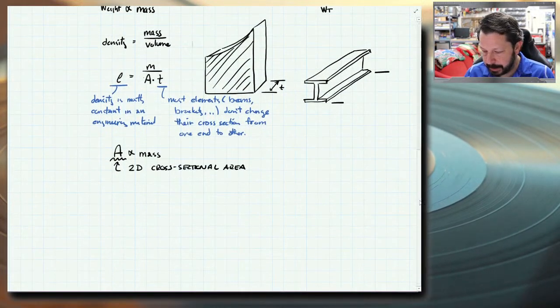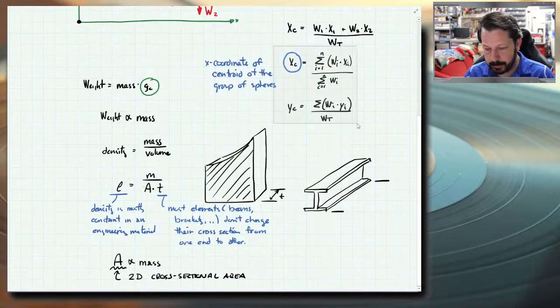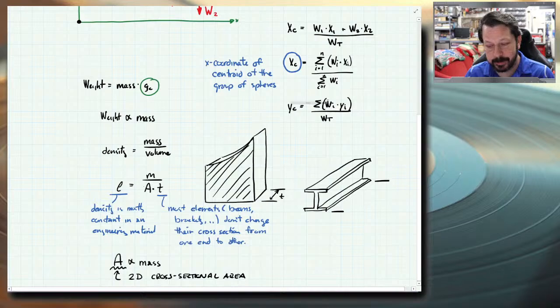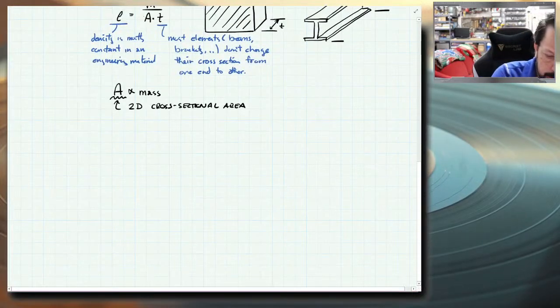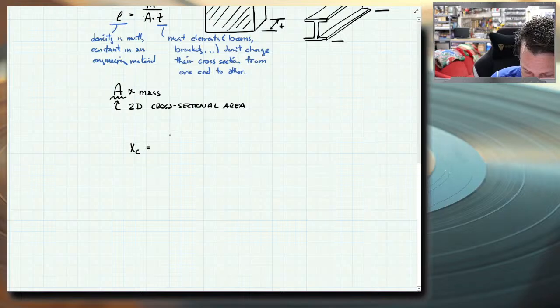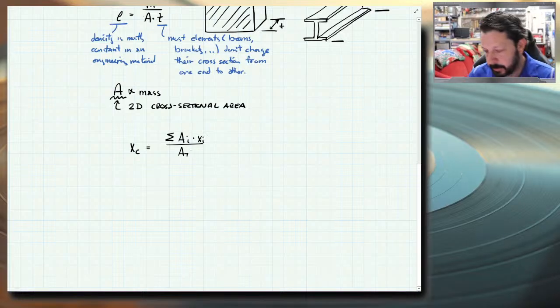So I'm going to take my equations that I did write, this x sub c and y sub c here, and I'm going to rewrite them, but instead of w's, weights, I'm going to just deal with the cross-sectional area A. So x sub c is equal to the summation of area A_i times x_i over the total area.